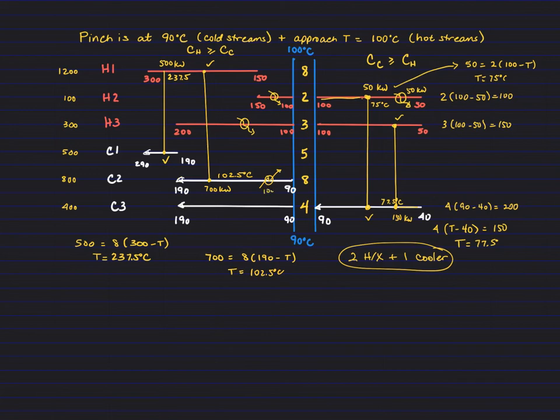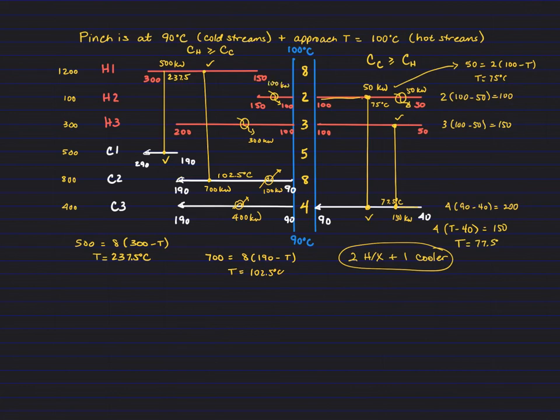I will need 100 kilowatts of heat, and on this one I'm going to need 400 kilowatts, and up here I need a 300 kilowatt cooler and a 100 kilowatt cooler.